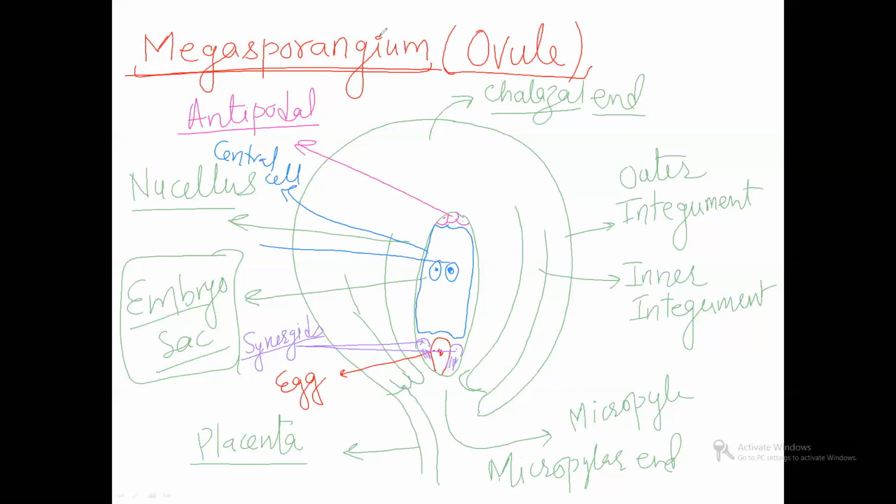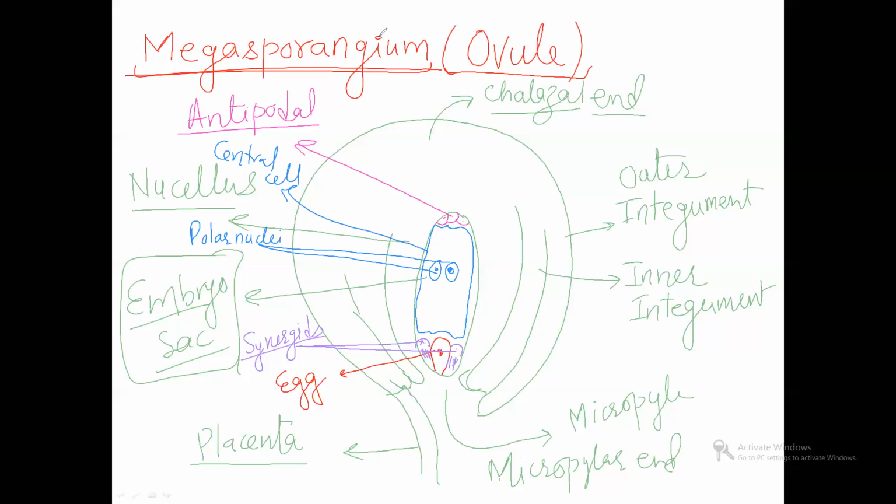So what is the term used for these 2 nuclei? These are known as polar nuclei. Overall, there are 7 cells and 8 nuclei in an embryo sac.